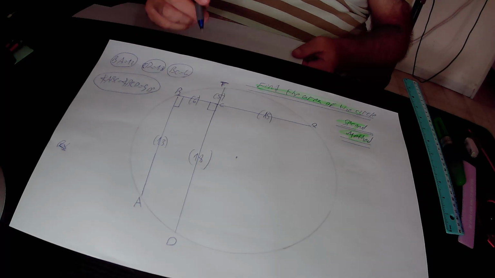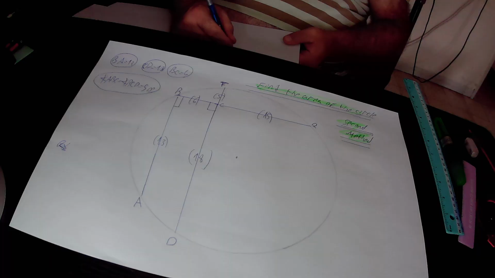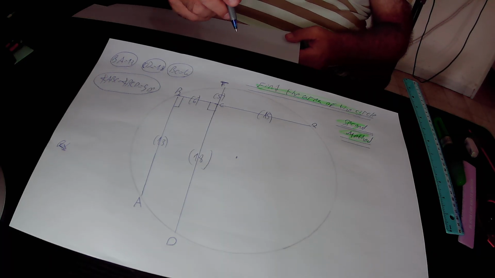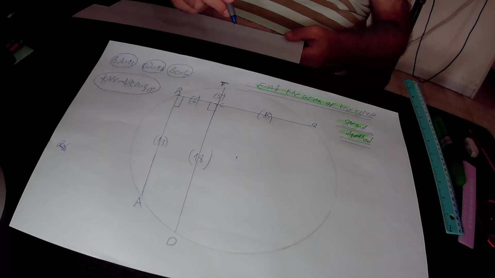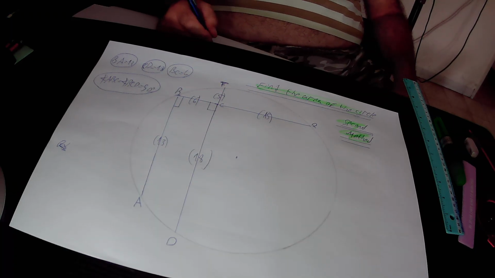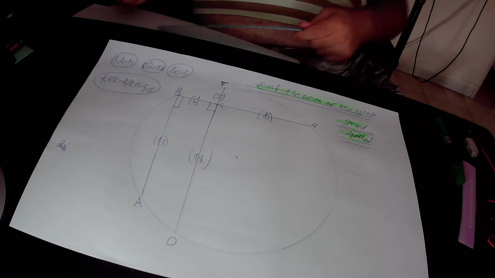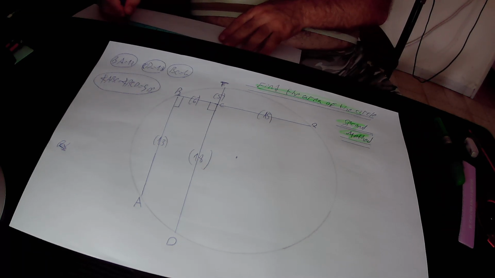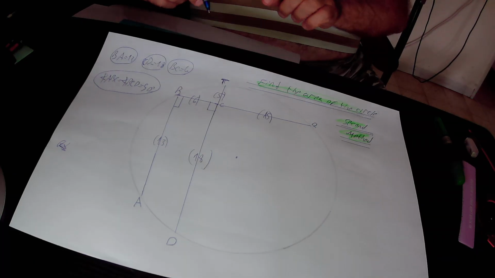TC is 5, therefore TC squared is 25, plus CD squared. CD is 18, therefore CD squared is 324, plus BC squared.